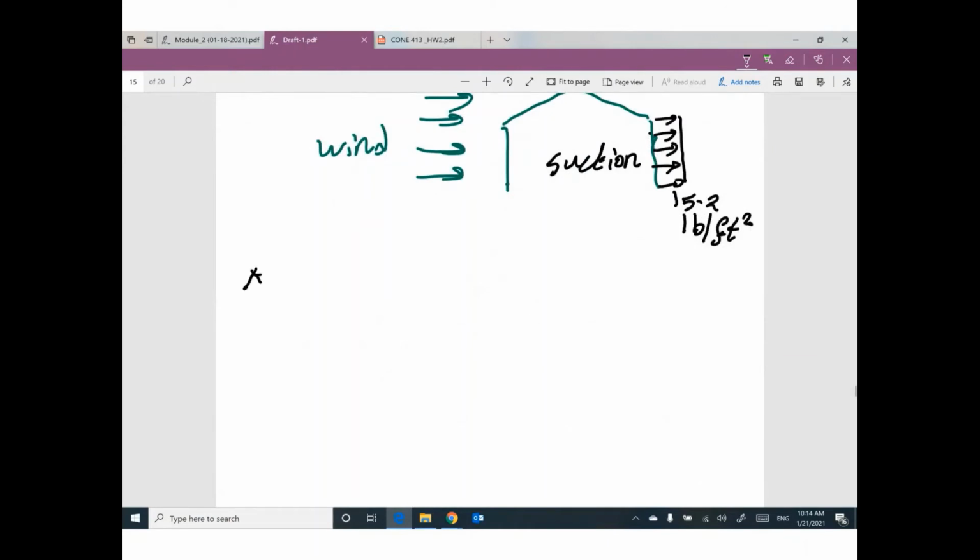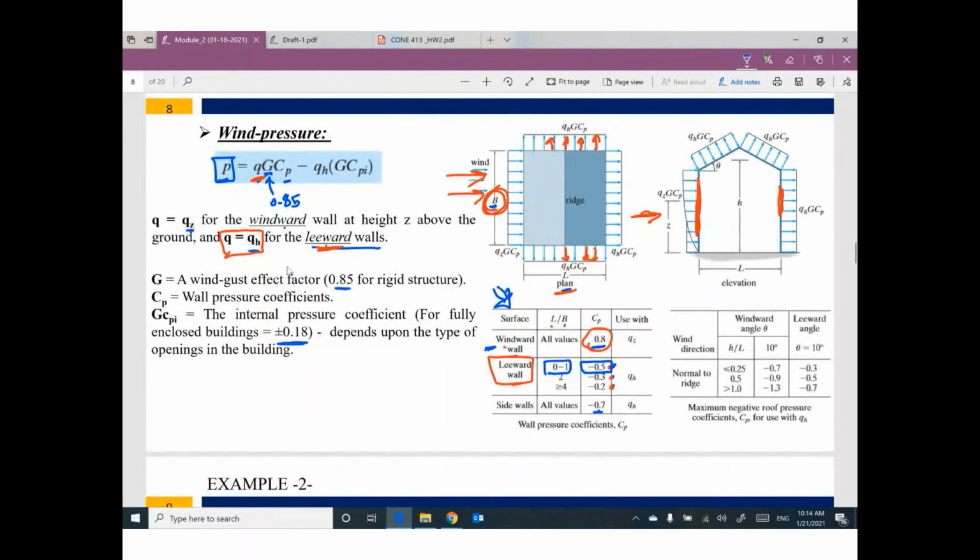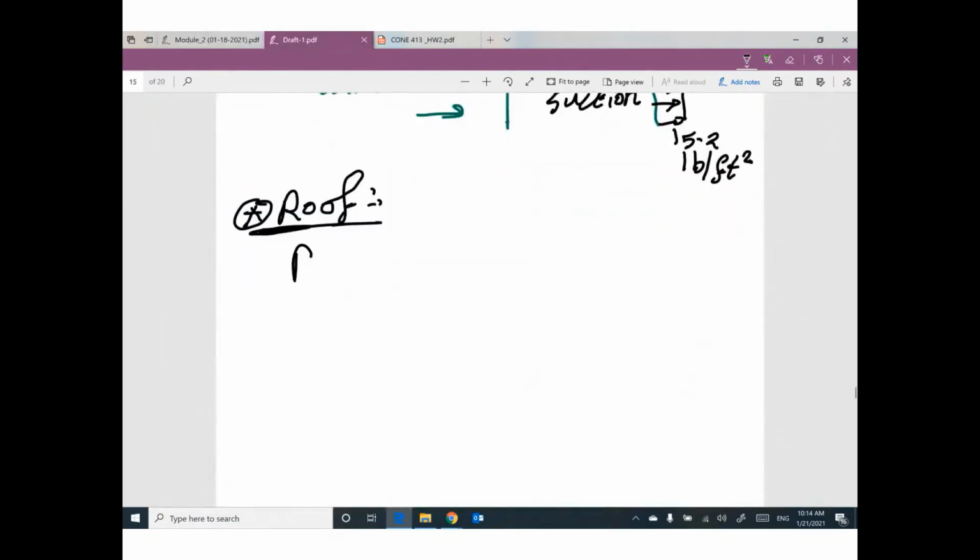For the roof, the value of pressure equals QH times GCP minus QH times GCPI.